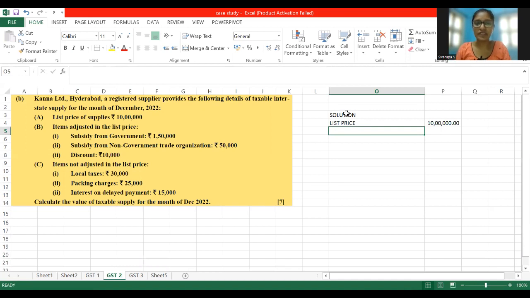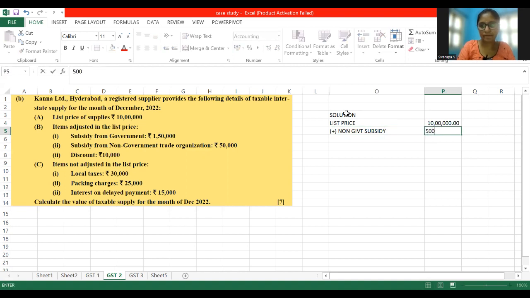It was not included in the taxable value, and hence I need not consider that. Subsidy from non-government organizations, it is a part of my taxable value. So non-government subsidy, I am adding it back. Then discount, it is an allowed expense, so it's okay.